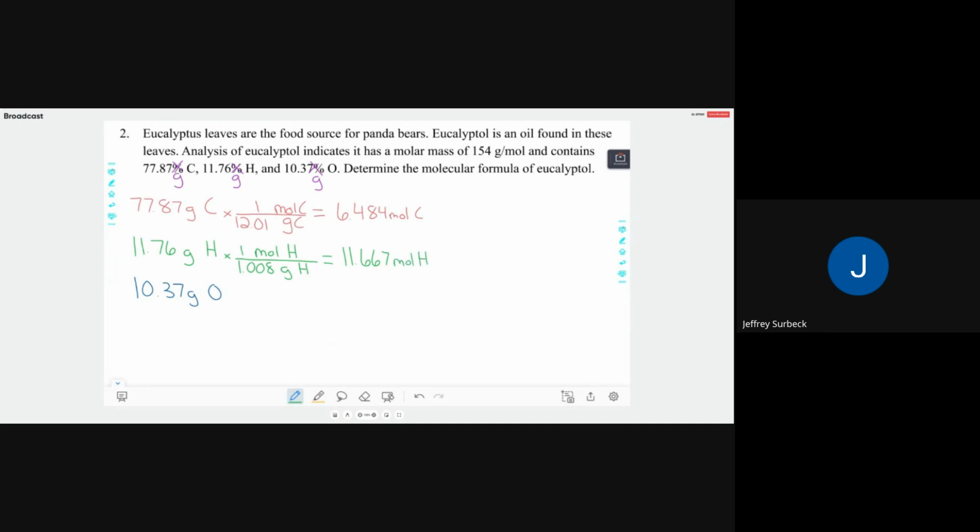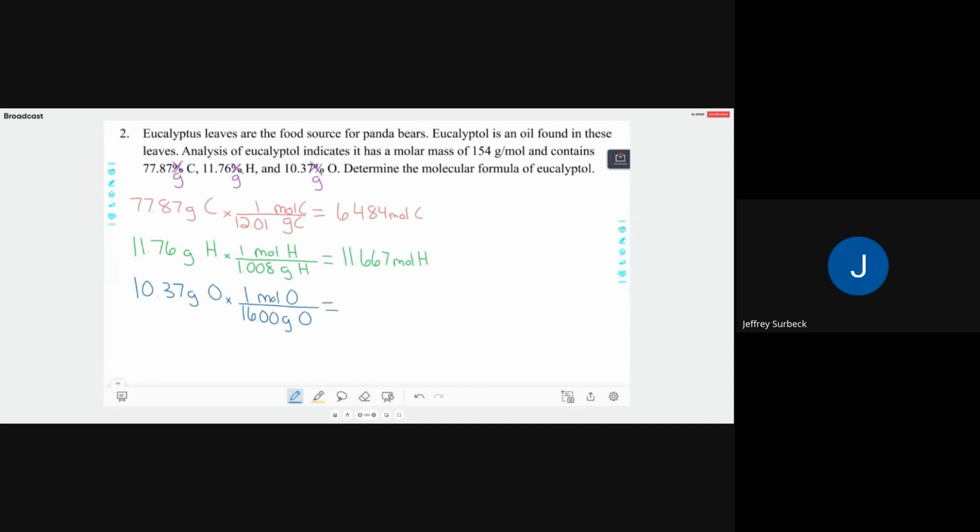And then we divide the last number here by the molar mass, this time of oxygen. So we say times, and draw our line. Grams of oxygen cancels below, so we'd have 16.00 grams of oxygen to 1 mole of oxygen.